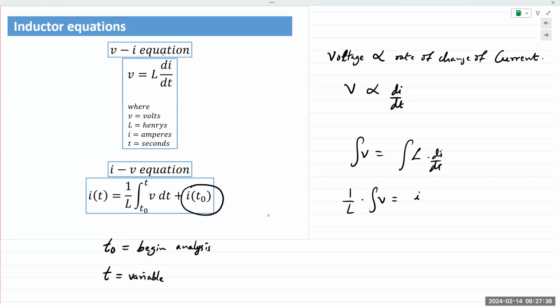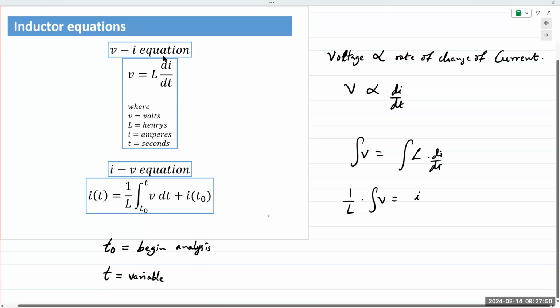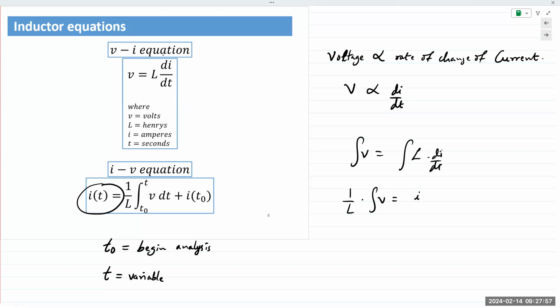When you're performing circuit analysis, there is always a time where the inductor or capacitor already had some stored energy. So if you are accounting for the total current for that inductor from a certain point in time, then you also have to account for the energy that was previously stored in that inductor.